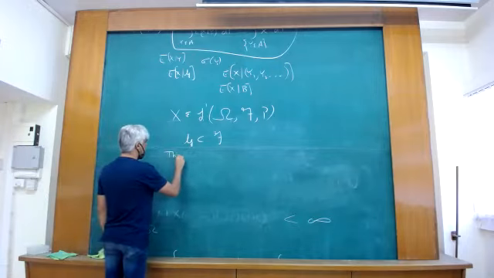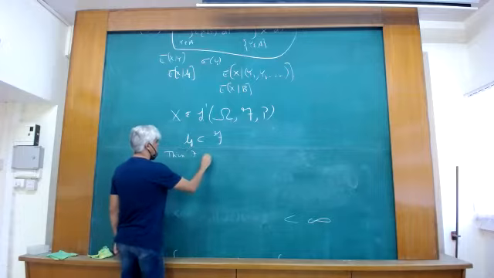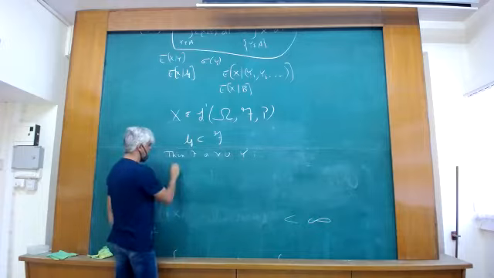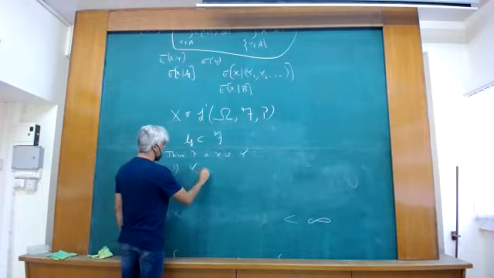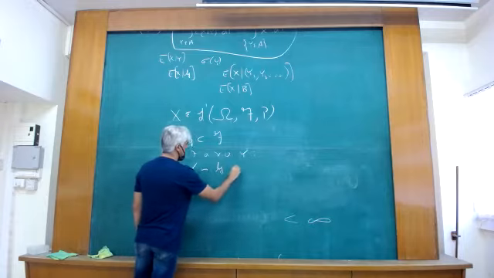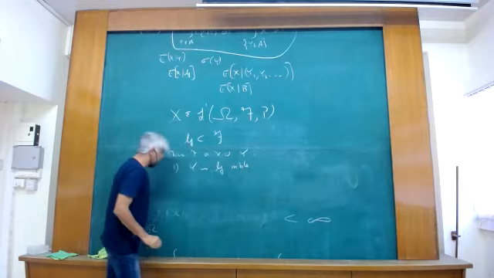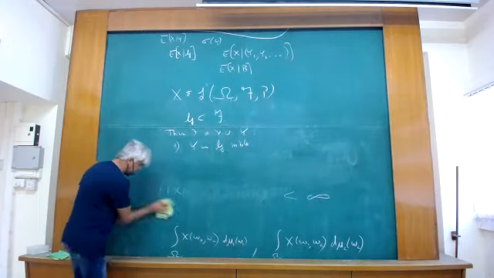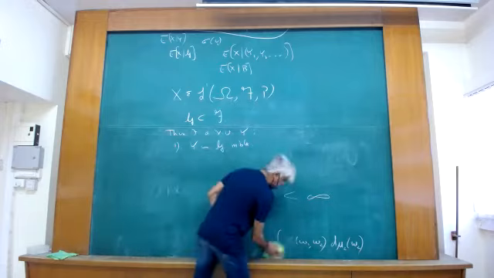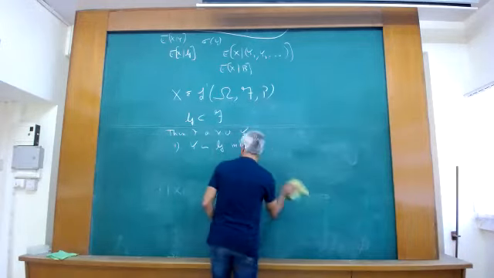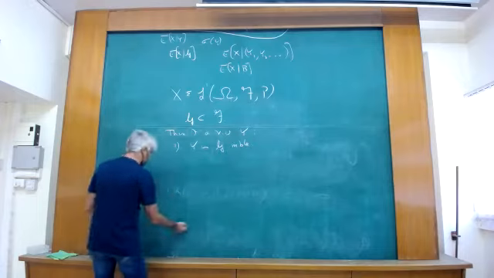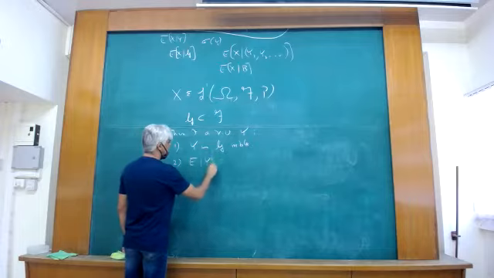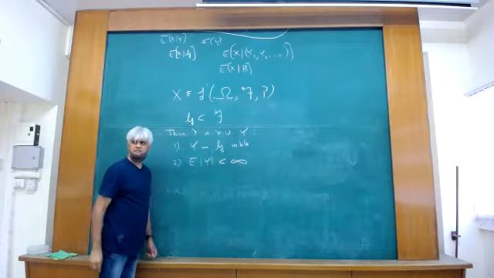Then there exists a random variable Y such that Y is G measurable, and it's integrable because X is.